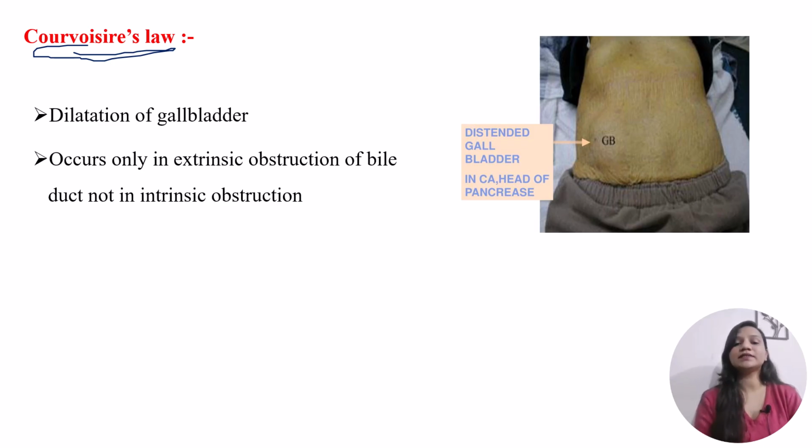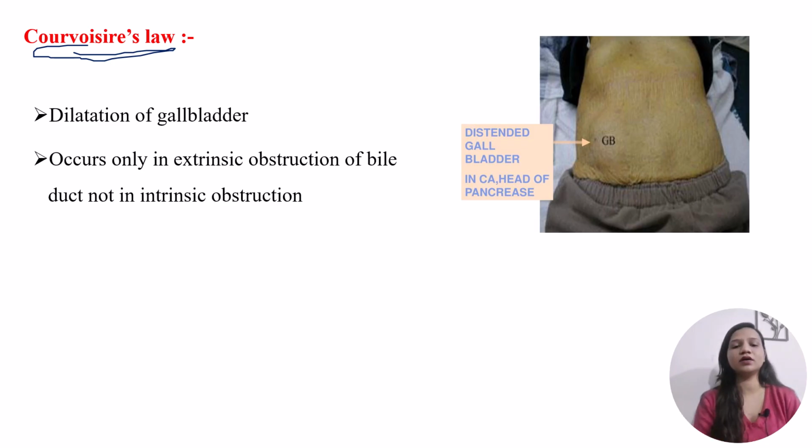Courvoisier's law states that if in a patient of obstructive jaundice a palpable and non-tender gallbladder is present, it is unlikely to be due to gallstone and is more suggestive of malignant obstruction other than the common gallstone.